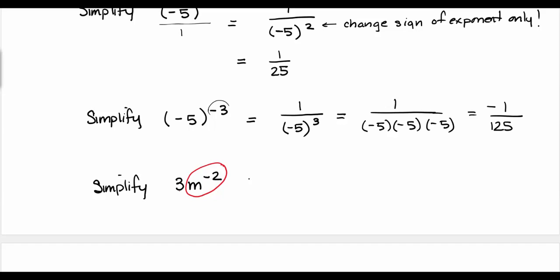So I think to myself, 3m to the negative 2 all over 1, right? But since it's only the m that has the negative exponent, that goes down into the denominator and becomes positive. The 3 stays on top. The m comes down along with its exponent that changes sign, and I have 3 over m to the positive 2.